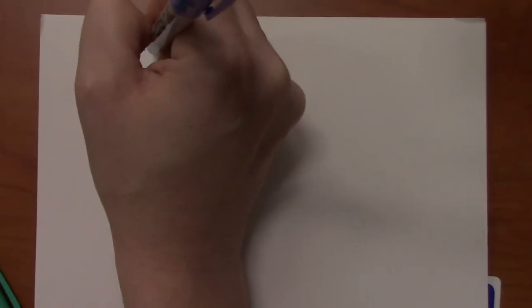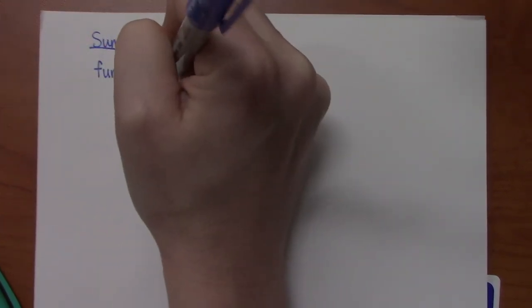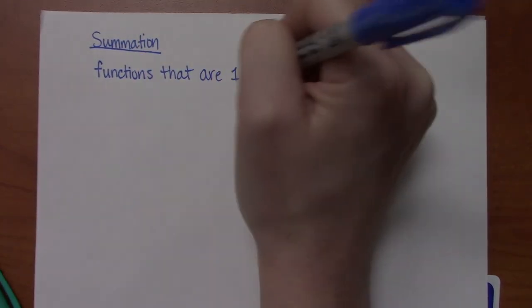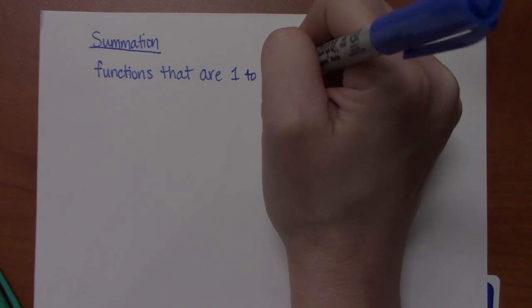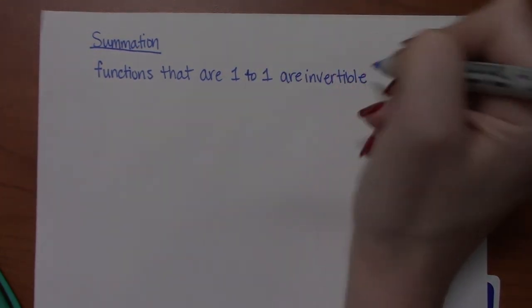just a couple things. So we know that functions that are one-to-one, right, are invertible.